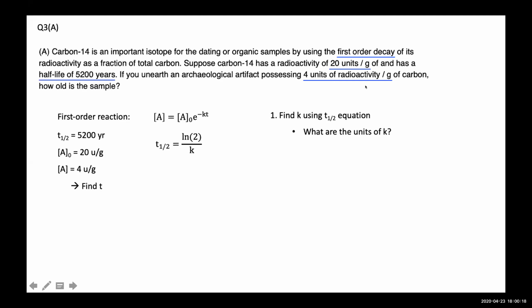For the rate constant though, not the rate. 1 over S. Right, it should be 1 over time because we have the half-life in years and we're dividing by that to solve for K, which makes sense for a first order reaction. Once you've solved for the rate constant, you can plug it into the integrated rate law to solve for T. Are there any questions here?